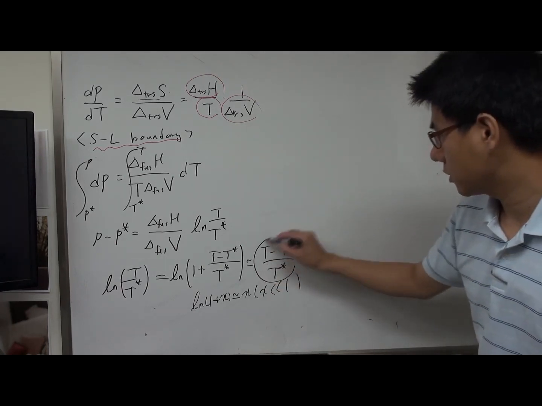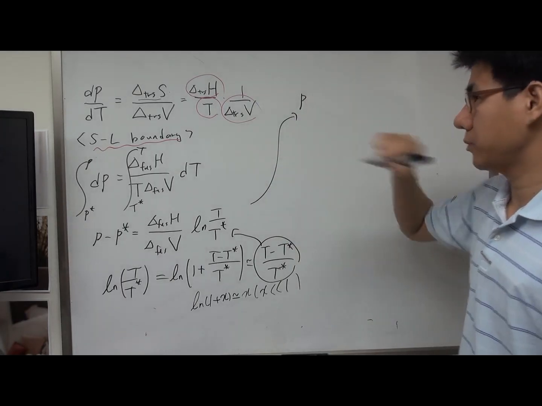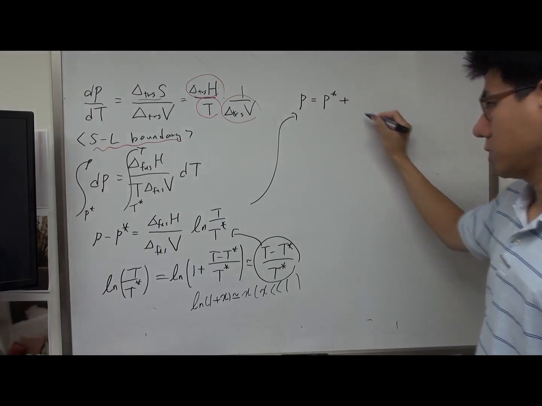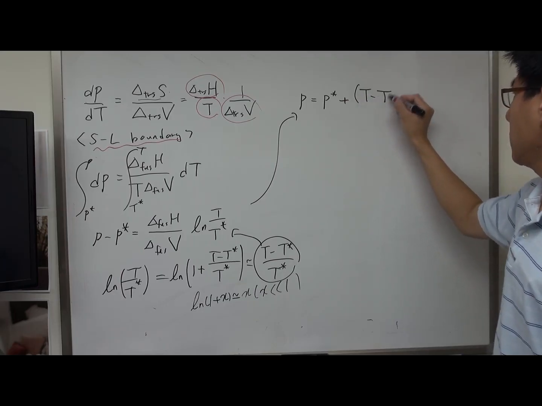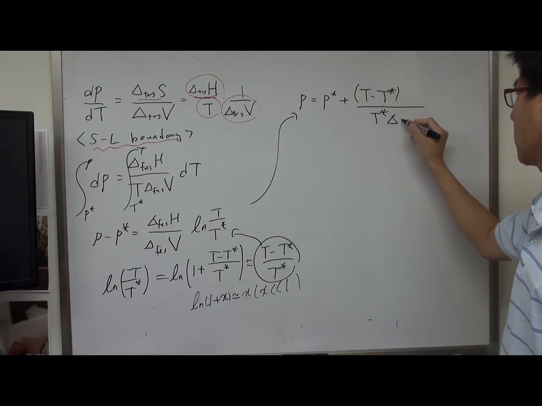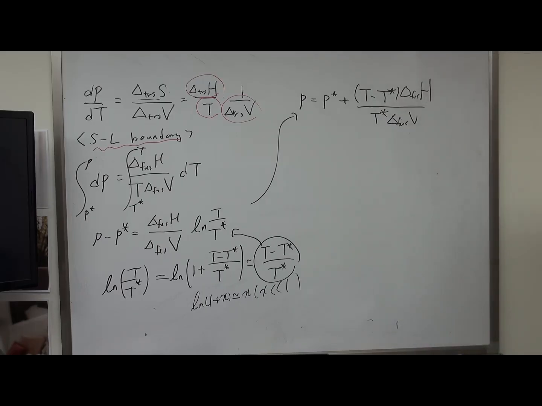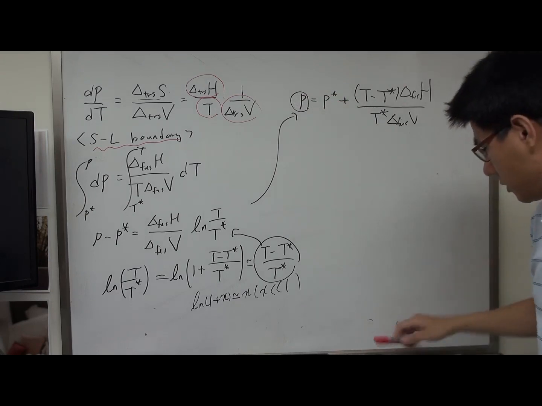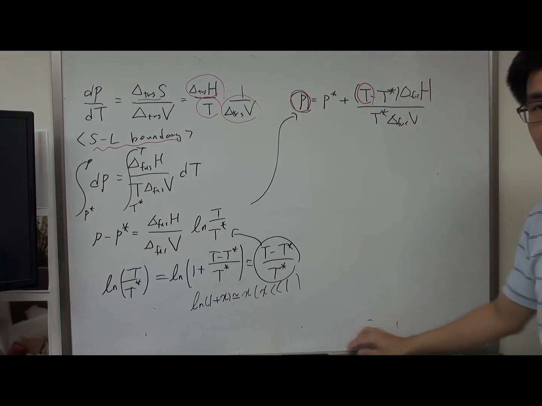So if you put this expression to here, what you get is P is equal to P star plus delta fusion H over delta fusion V times T minus T star over T star. Okay.